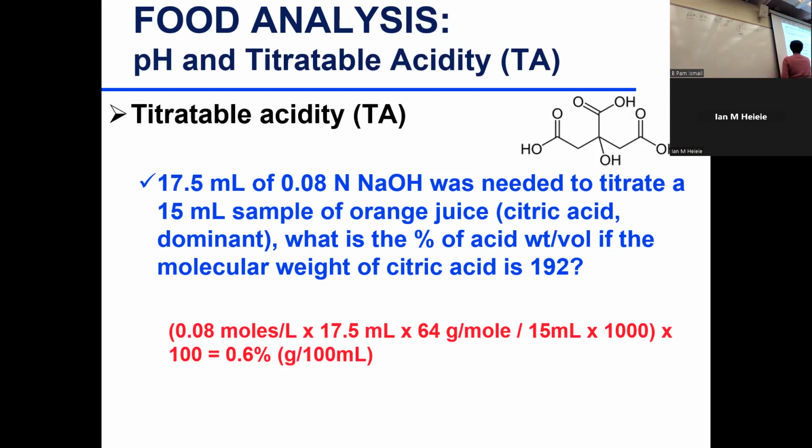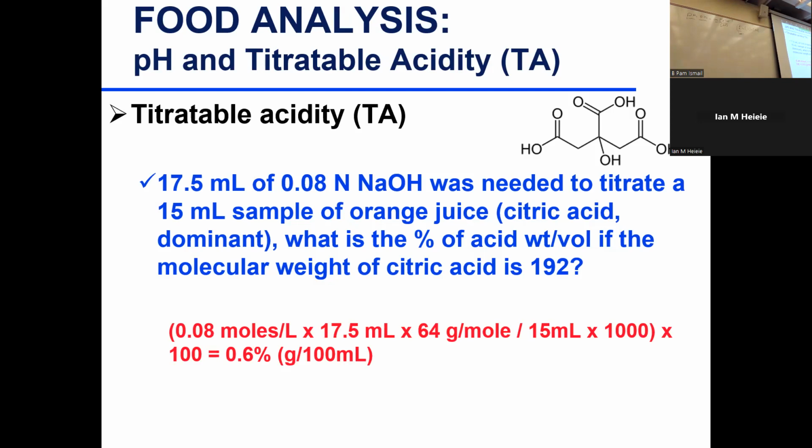I told you that the standardized concentration is 0.08 moles per liter. You use 17.5 milliliters to reach the endpoint. The equivalent weight is divided by 3, so it is 64 grams per mole.